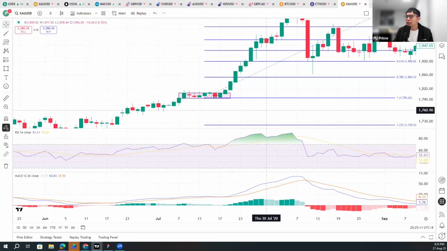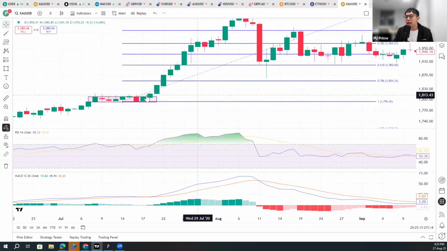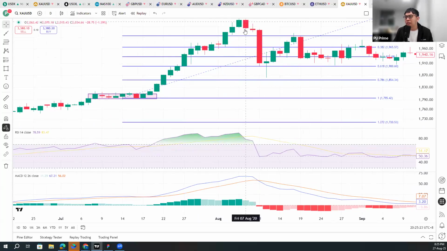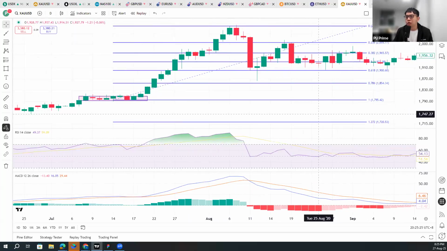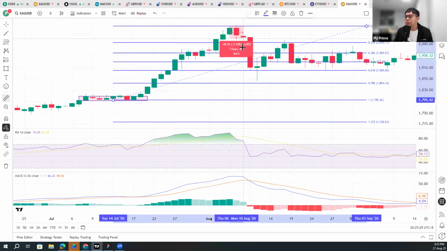And what happened? It does break above, and you jump into a long position. You hold the position because you are a swing trader. You hold it long enough, and at one point it dropped by 5 or 10%, depending on your principle. Say it dropped by 5%, then you say, I close my position here.